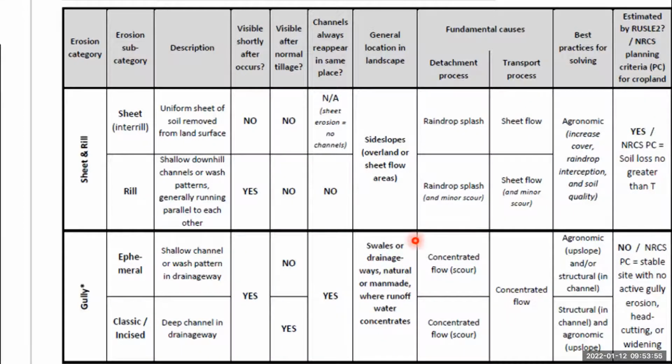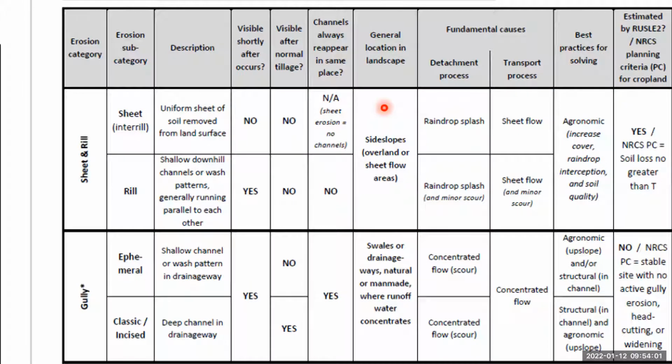And again, sometimes the differences between those parts of the landscape are subtle. But remember, side slopes, what we might call overland or sheet flow areas, and swales, that's what differentiates them. And you remember that I talked about this idea of detachment, right? A three-part process: detach, transport, and deposit.